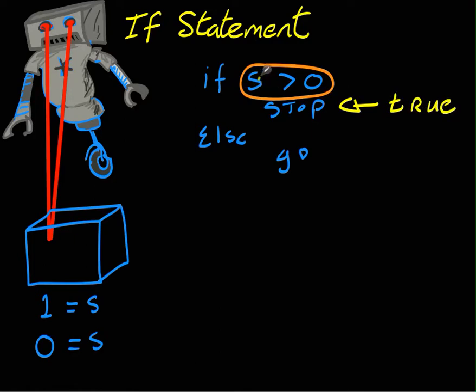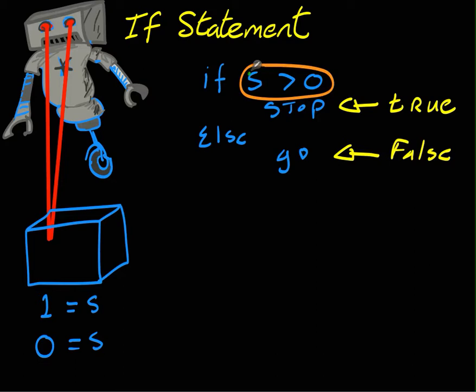So if we decided that the value in s is greater than 0, in other words it's 1 or some other value, and this is the sensor telling us that it's found something, then we decide we want to stop. But if this is not true, so s isn't greater than 0, probably is 0, then this is done because the statement was false. And this is a conditional statement, so this is used throughout the code to try and help us make decisions based on values that we find in variables.